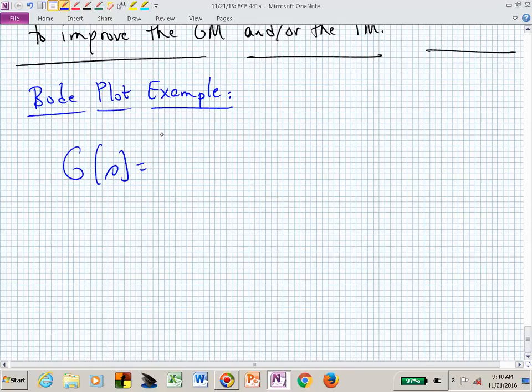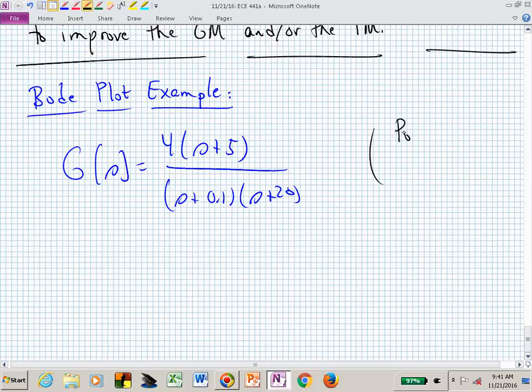G of S is 4 times S plus 5 over S plus 0.1 times S plus 20. In terms of a description that we started the class with, is this in time constant form or pole zero form? This is pole zero form. We can immediately see the poles and the zeros.